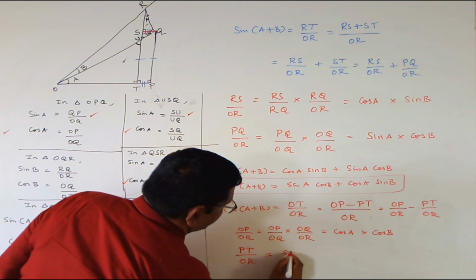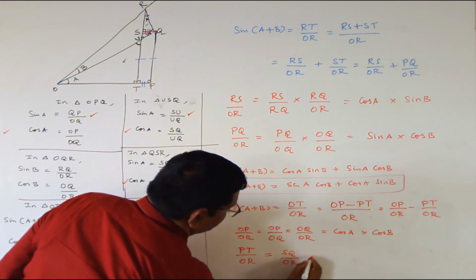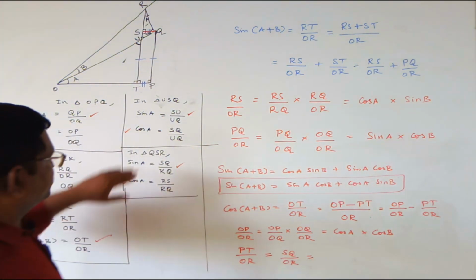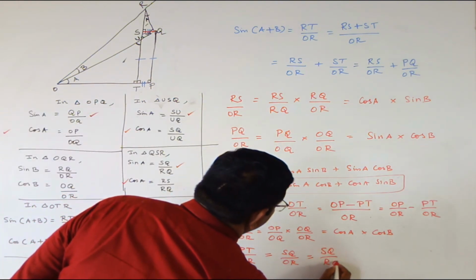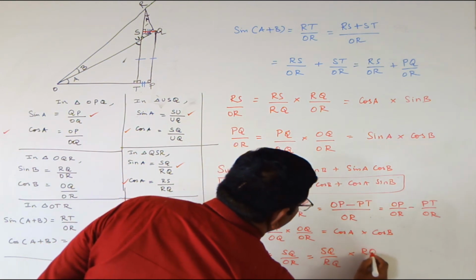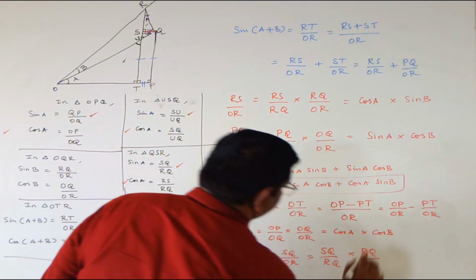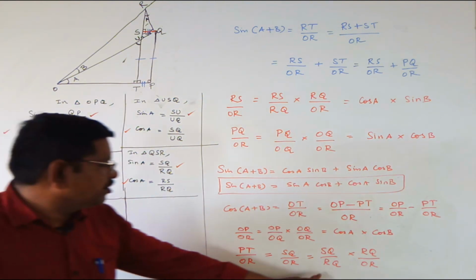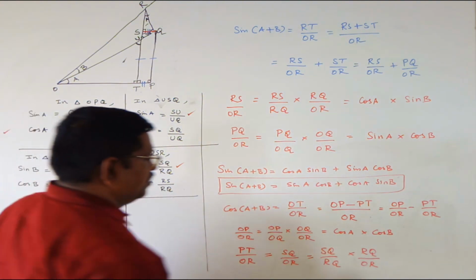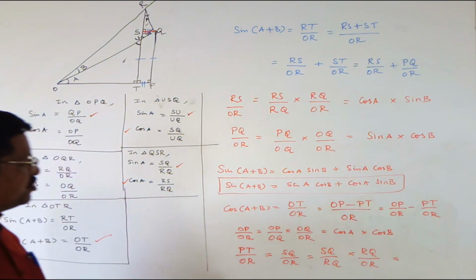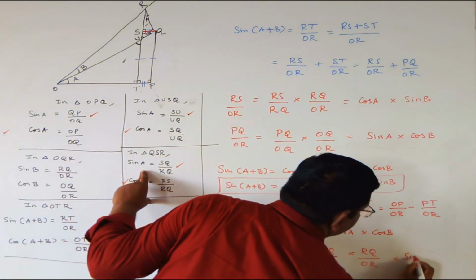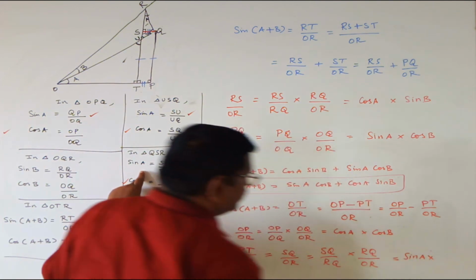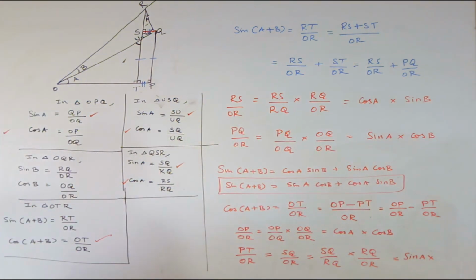So I can write this as SQ by OR. For our convenience, we can write this as SQ by RQ into RQ by OR. Check it. So then here RQ can be cancelled. Already we have got the value of SQ by RQ, that is nothing but sin A. We can write it here into RQ by OR. Where is RQ by OR? Here it is, that is sin B.